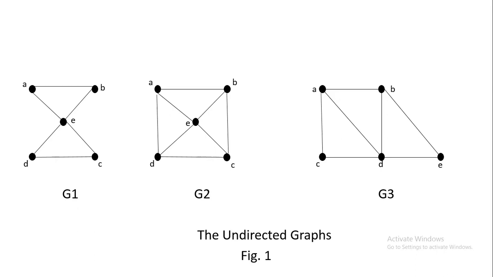Suppose you do like this to find the circuit in graph G2, then you have to repeat edges, so the condition is violated. What is our condition of the Euler circuit? No repetition of edges. An edge must be visited exactly once. But to find a circuit in G2, repetition of edges is a must. That's why G2 has no Euler circuit.